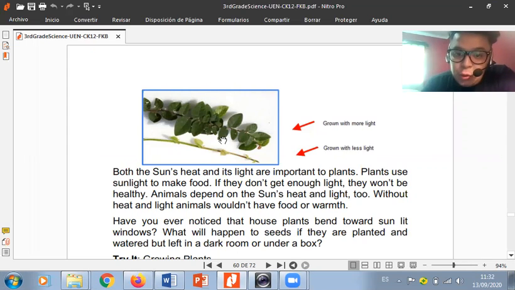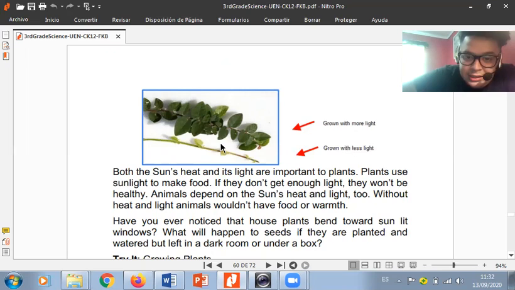Here we have two plants, okay? These plants grow with more light, and these plants grow with less light. The thing here is that, like I was telling you on Monday, the plants need the sun to grow.